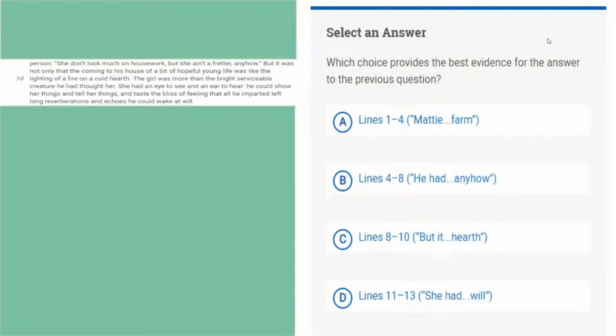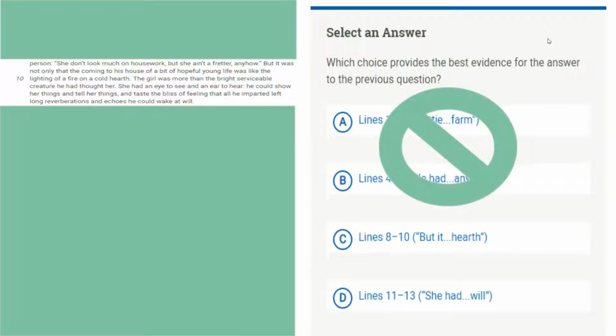So it's asking about the previous question, and what's important to note is that the answer to the previous question is in this part of the question. But regardless, the first thing that we should do is eliminate the first and second answers because they include lines that are within our mental box that we've made. They don't have relevance as we've already eliminated them for being descriptive.